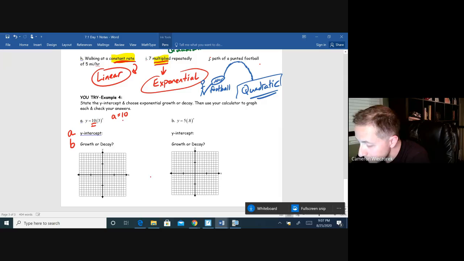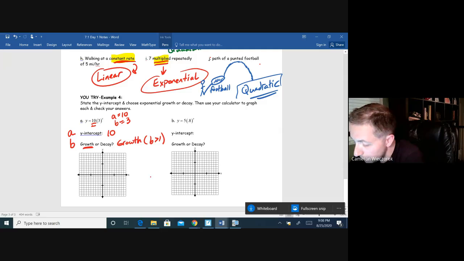A is 10, and B is the one that does have the exponent, the little x up top. In this problem, B is 3. So my y-intercept, my starting value, is the A value. That's 10. And my growth or decay, well, since B is bigger than 1, this one's going to be growth because my 3 is bigger than 1.